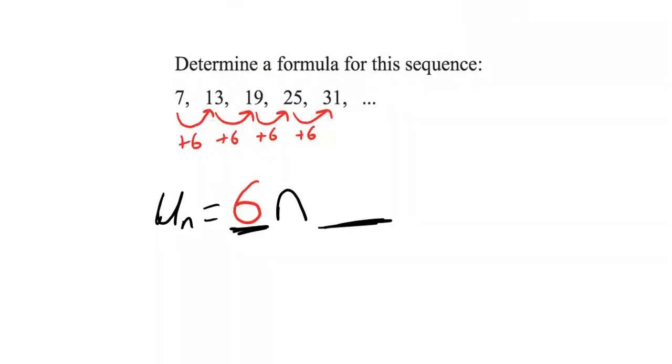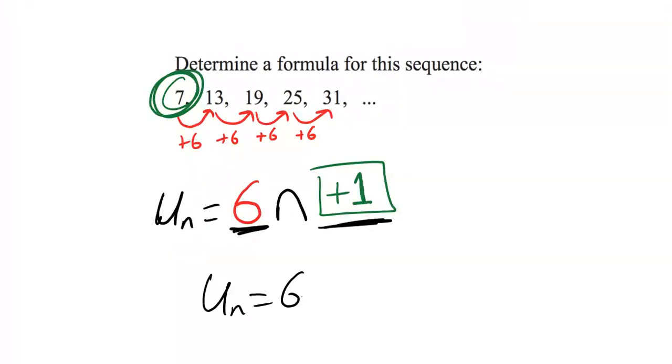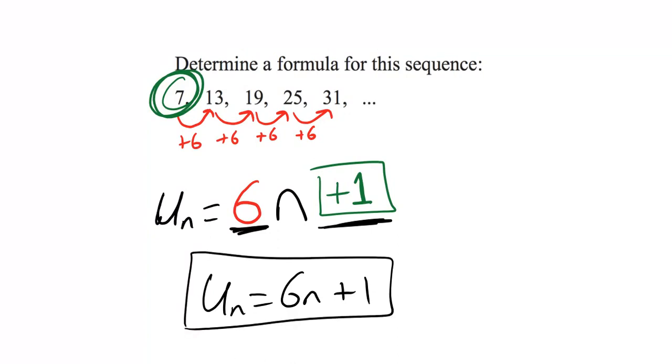Now, the 6, which we've just found, and the number on the end have to add up to the first number in the list. What number do I have to have? It's got to be a plus 1, because a 6 and a 1 are going to add up to make that 7. So our final answer is un equals 6n plus 1. That is the algebraic formula that made that original sequence.